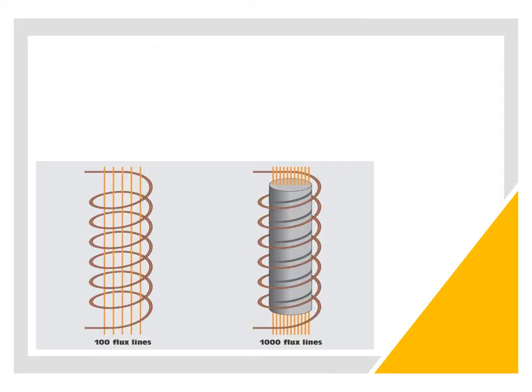So far, we've discussed that as we add more current, we get more flux, or more magnetism. We've also stated that as we add more turns to a coil, we will also increase the amount of flux or magnetism for a given system.